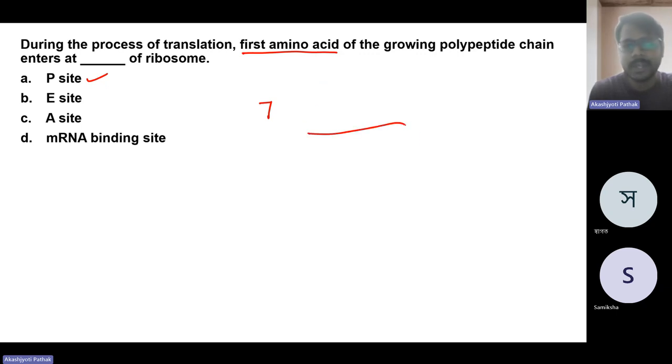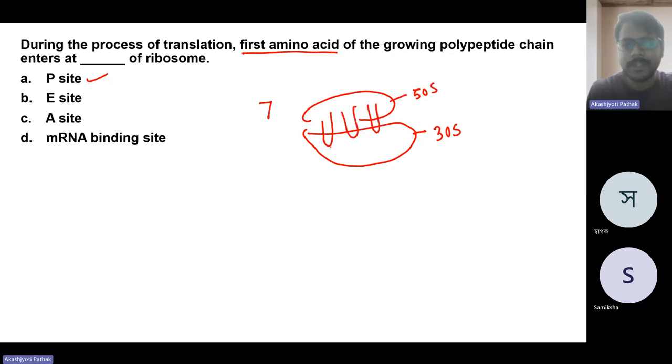If you look at the structure of the ribosome, there are three sites, right? So this is the large subunit, and this is the small subunit 30S. If it is a bacterial ribosome, it will have a small subunit 30S and a large subunit 50S. So there are three basic sites.